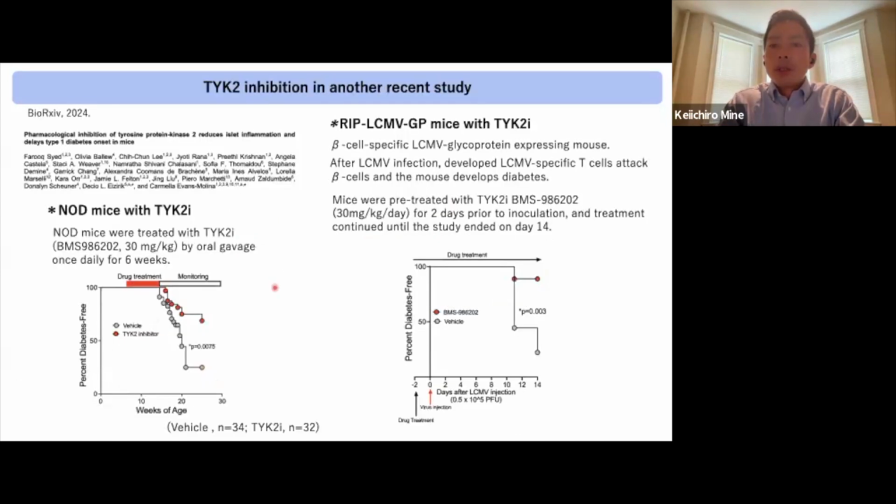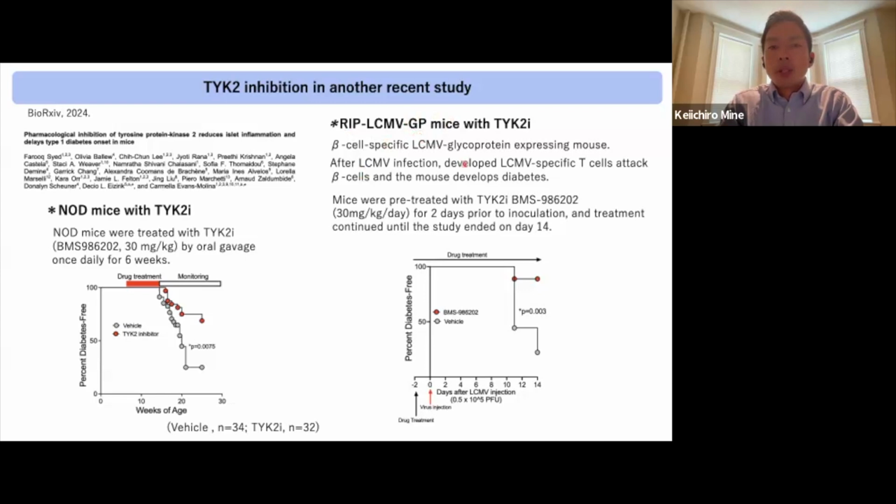A recent preprint reported the effect of TYK2 inhibitor in NOD mice with enough sample size, a good study. In agreement with our findings, the authors also show the protective effect of TYK2 inhibitor in autoimmune type 1 diabetes. In addition, the authors employed a virus-induced autoimmune diabetes model, the RIP-LCMV-GP mouse model.